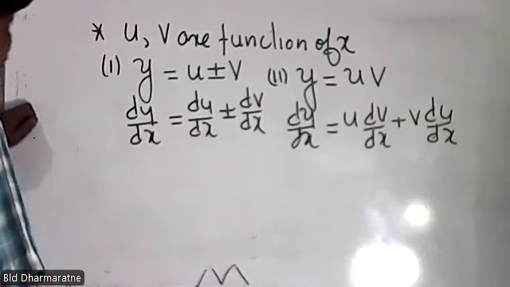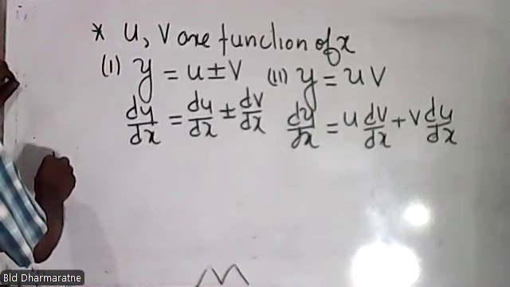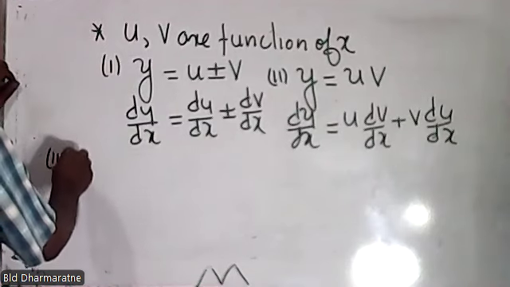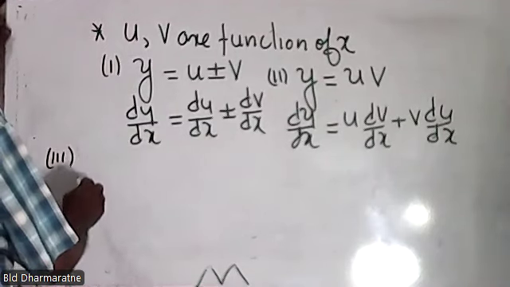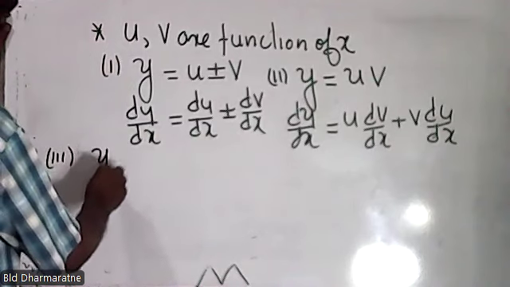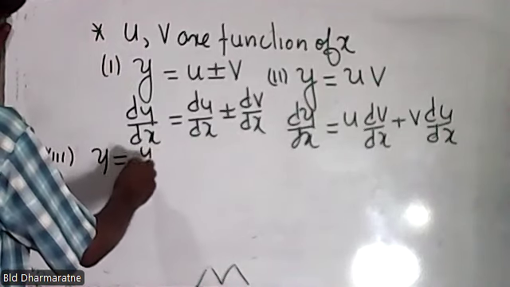Then the quotient, number 3, division. y equals u over v.